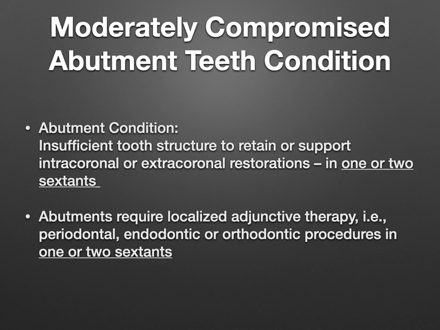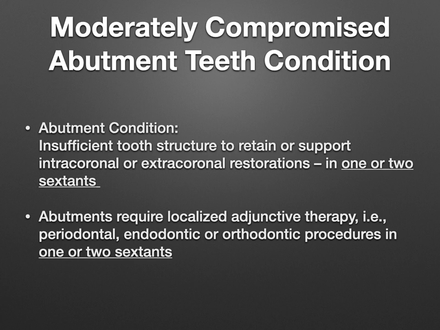However, if some abutments have insufficient tooth structure, then that will be considered moderate. This focuses on whether some teeth are not in good shape and how many teeth are involved in the different sections. So the moderate compromise abutment tooth condition means that those poor prognosis teeth happen in just 1 or 2 sections.